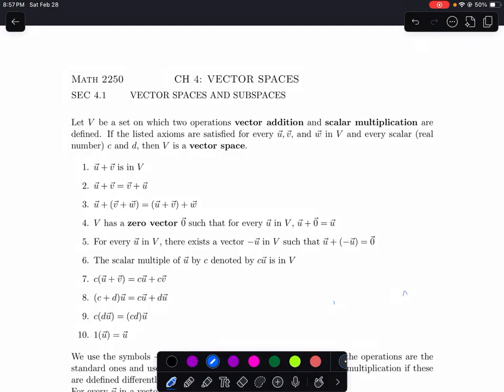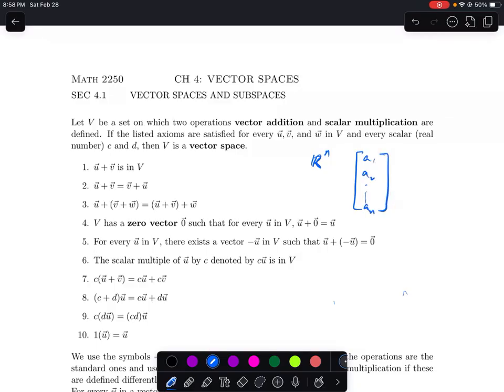Now you have already learned about subspaces in chapter 2. There we were talking about subspaces of Rn, and what the vectors look like in Rn. We define them like this: a1, a2 up to an.